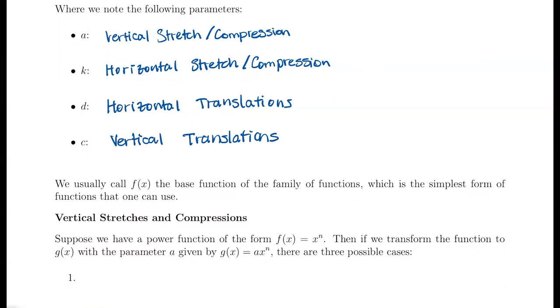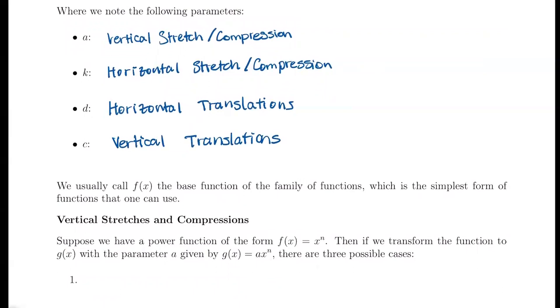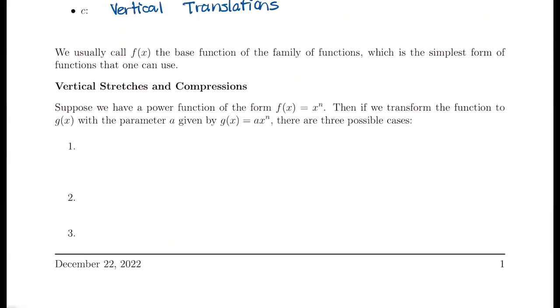Let's have a look at each of the parameters and see what they do. Let's look at the vertical stretches and compressions first. Let's say we have a power function of the form f of x is equal to x to the n, where n is a whole number, a positive integer. If we transform the function to g of x with the given parameter a, so that g of x is a x to the n, then there are three possible cases.